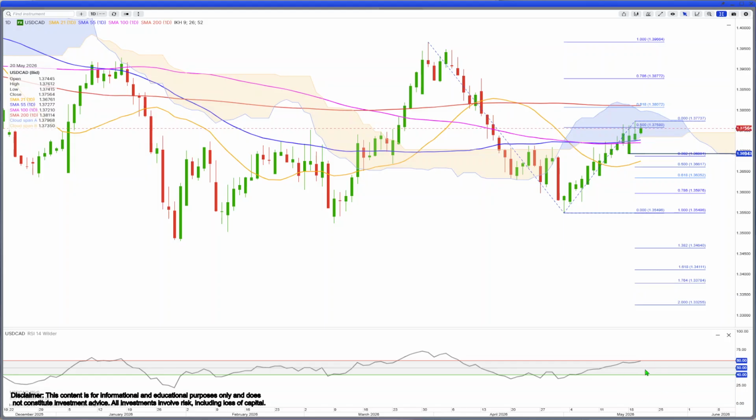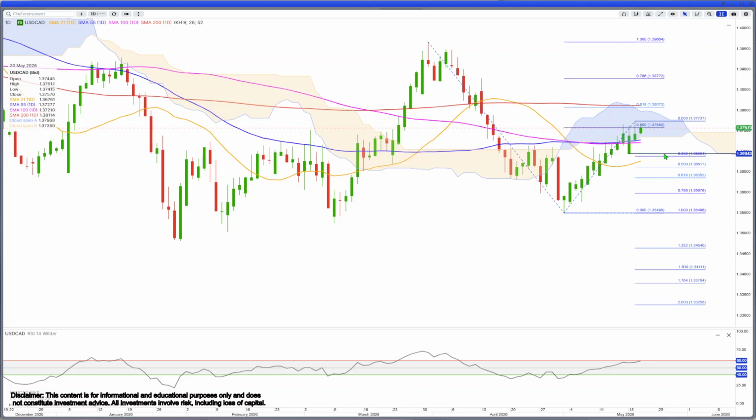RSI testing 60 threshold as we speak, and if it can finally break it, and it is quite likely actually, and if the dollar Canada also takes out and stays above the peak there at 137.75, well, then there is a little bit of resistance here around 138 and a change, the 61.8 retracement, where we also have the 200 moving average. So it could be decided here within the next 24 hours, possibly, or at least before the weekend.